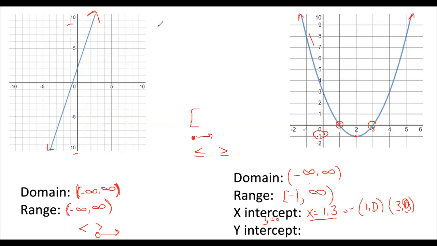Now our y-intercept is where our x equals 0, and that's here. It crosses our y-axis at 3. Again, we can write this as an ordered pair: our x was 0, our y was 3.